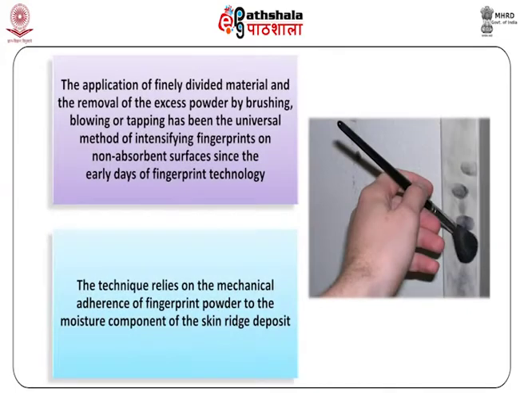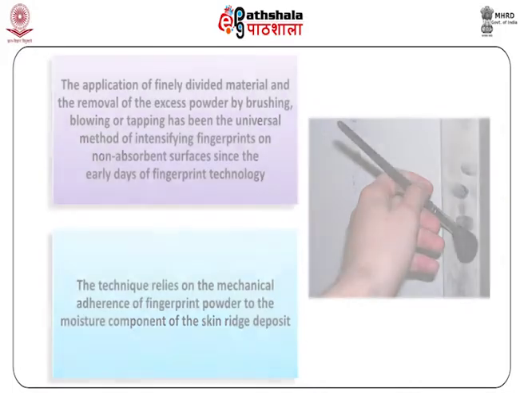The application of finely divided material and the subsequent removal of the excess powder by brushing, blowing, or tapping has been the universal method of intensifying fingerprints on non-absorbent surfaces. Since the early days of fingerprint technology, the technique relies on the mechanical adherence of fingerprint powder to the moisture component of the skin ridge deposit.